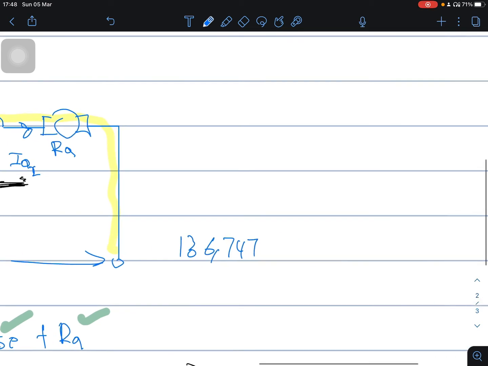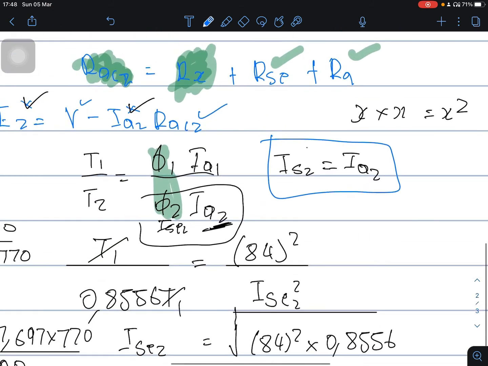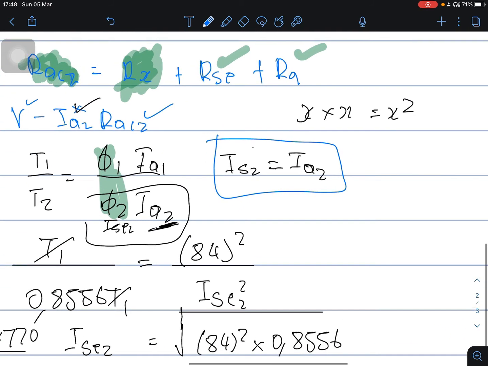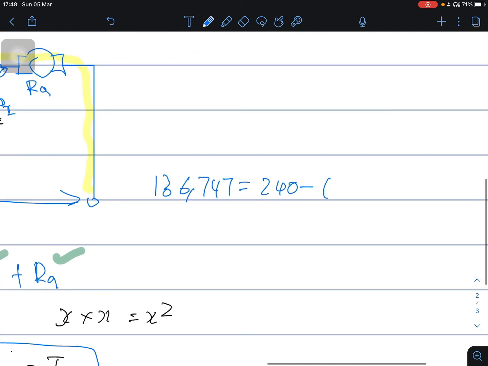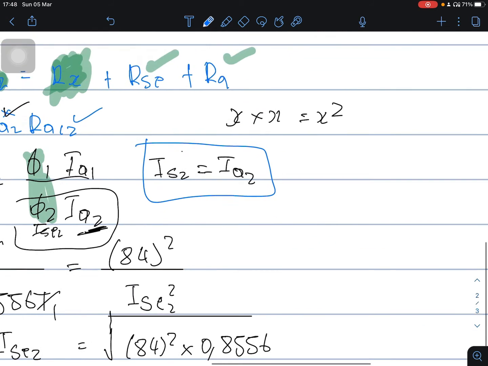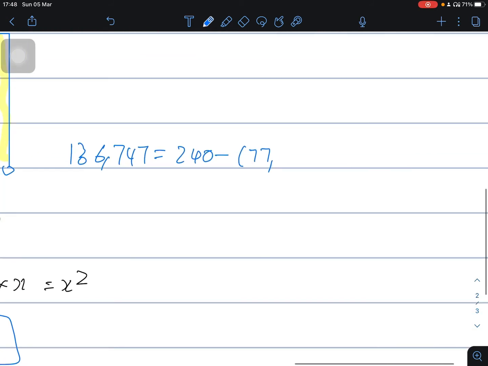136,747 equals 240 minus 77,697 times RAC2.